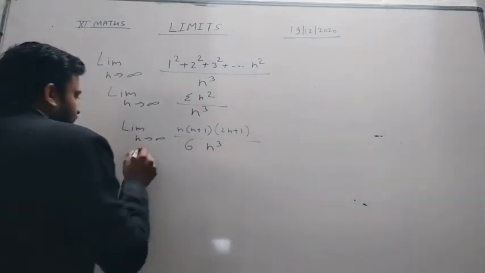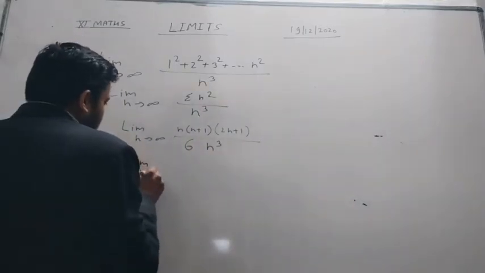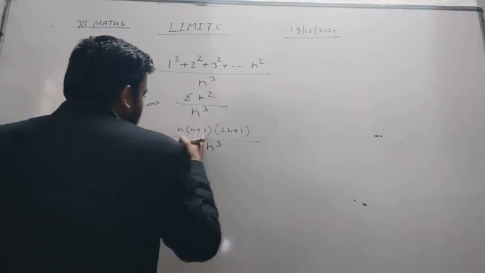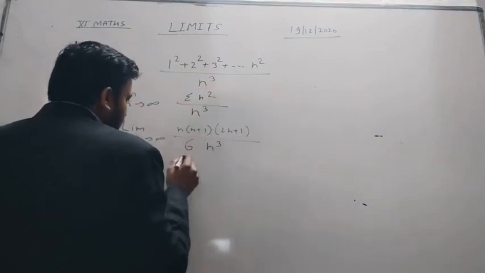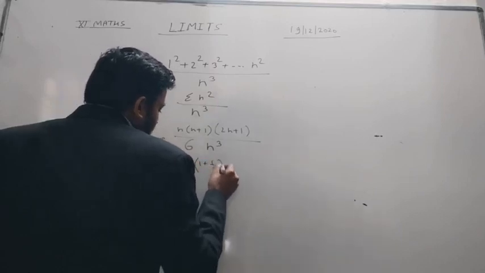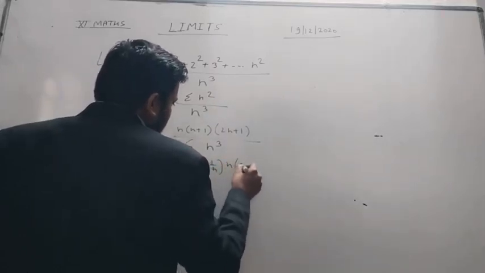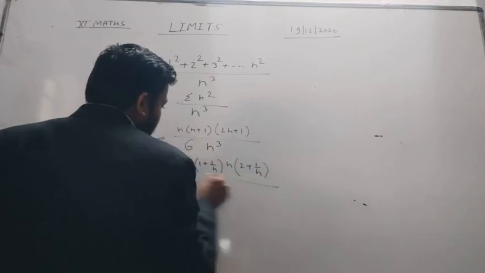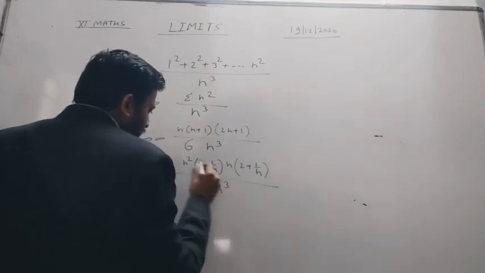So now limit n tends to infinity. Taking n from here, we get n square into 1 plus 1 by n, and again common n from 2 plus 1 by n, and this is 6n cube.